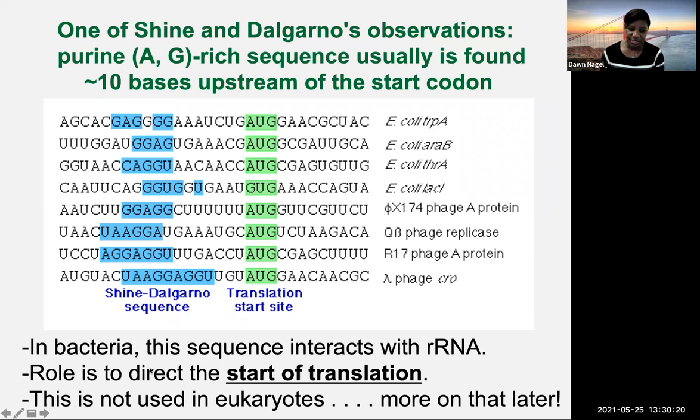This sequence interacts with the ribosomal RNA, because remember, you have ribosomal RNA that's part of the 30S subunit, and this is what recognizes it. It's really present to start translation in bacteria. We'll talk about how that's different in eukaryotes in a minute.